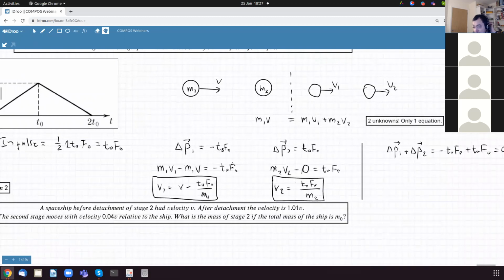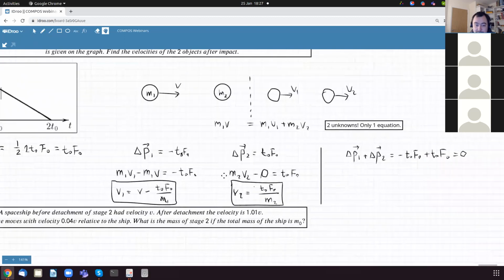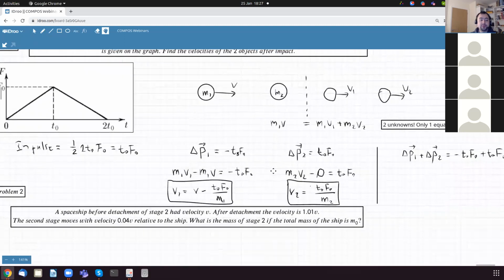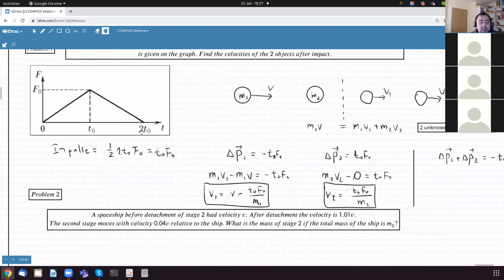The overall impulse is 0. This is the graph of force versus time, and both balls experience the same force because they are interacting with each other, and according to Newton's third law, it's the same force. So this is a consequence of Newton's third law.